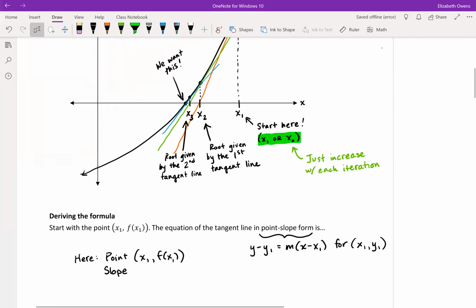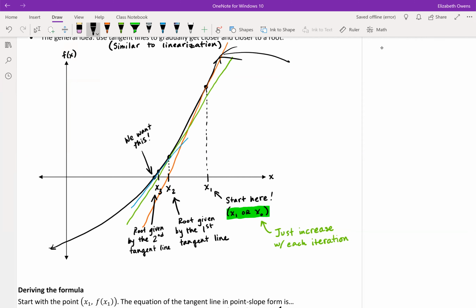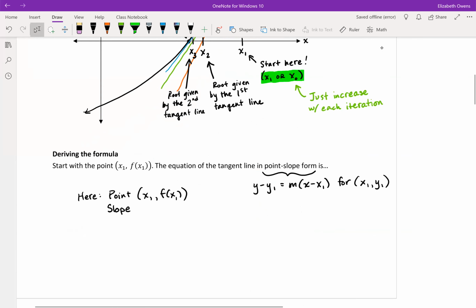At x1, f of x1, the slope of that tangent line, what's it going to be? Can you think of it? If you're watching this later on YouTube, how do we get the slope of a tangent line? We use the derivative. Yes. So the slope of that tangent line is going to be the derivative. So m equals f prime of x1.